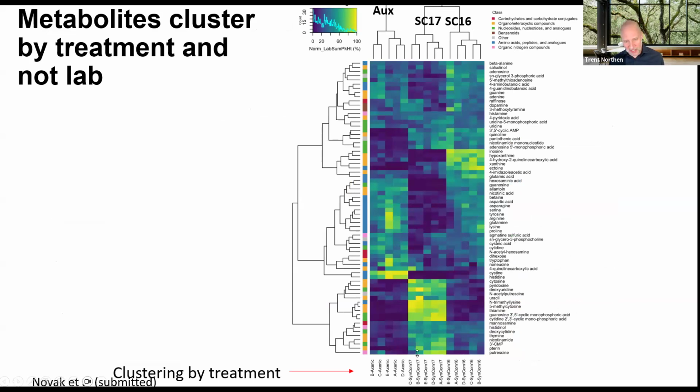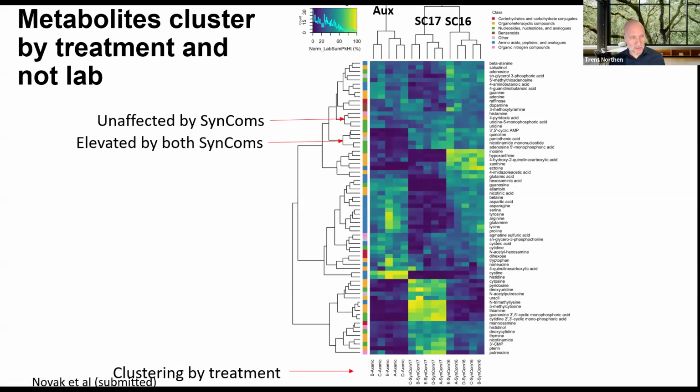And you can see that with the 17-member community, when Burkholderia is present, we get increases in things like thiamine, guanosine, and cytidine. And when it is not present, you see less of some of these other metabolites like guanosine and melanin. So it's a nice separation by which organisms.